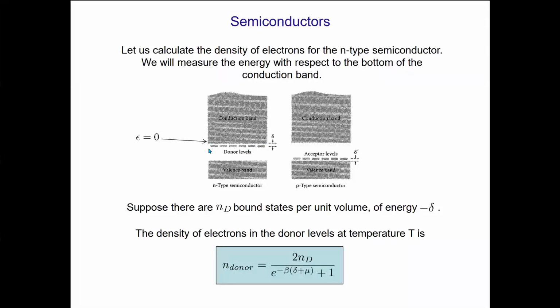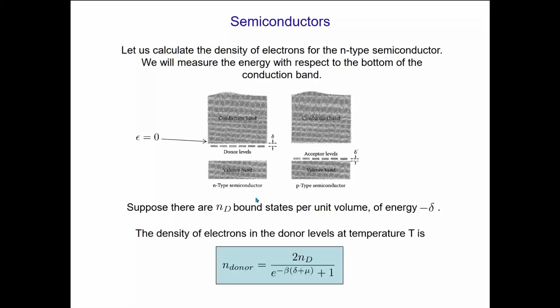Okay. Then the donor levels will have energy minus delta. So assume that there are n_d bound states or donor atoms per unit volume of energy minus delta.